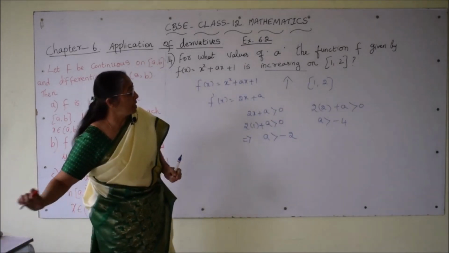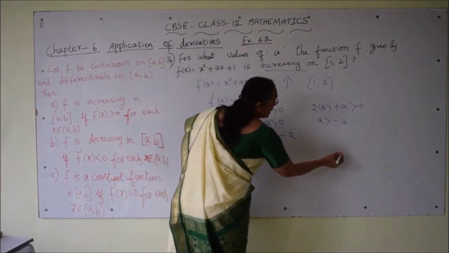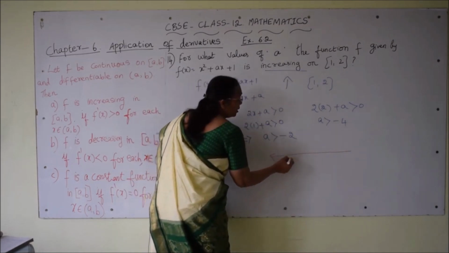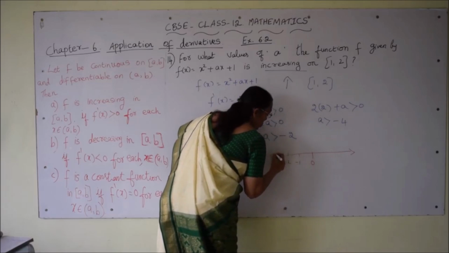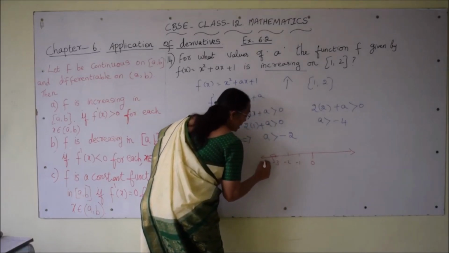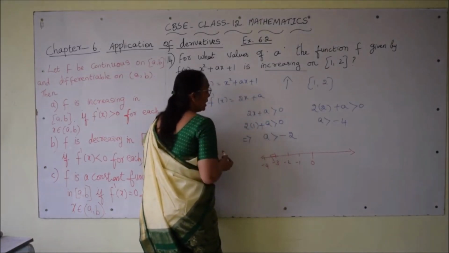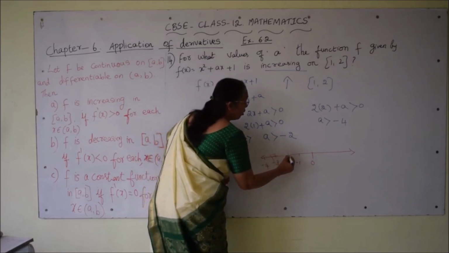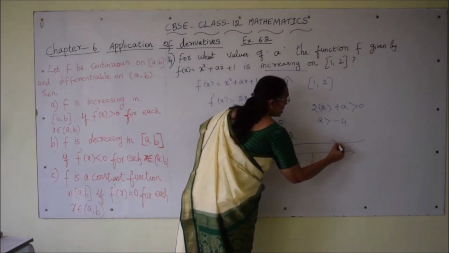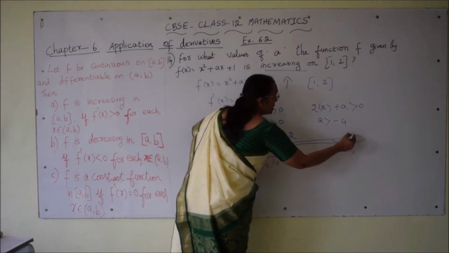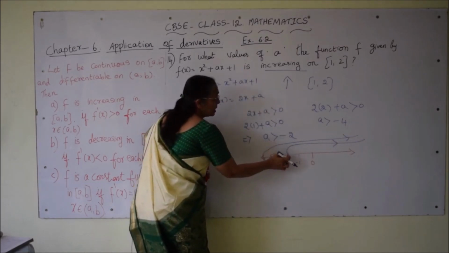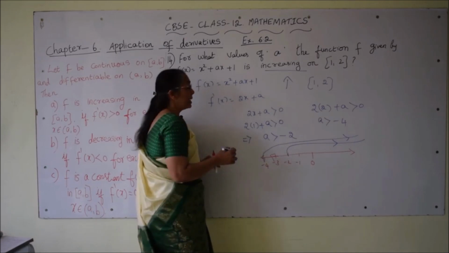Now, two results we got: a must be greater than minus 2 and a must be greater than minus 4. Minus 1, minus 2, minus 3 and minus 4. So, a greater than minus 2 implies all the values greater than minus 2 on this side, and a greater than minus 4 implies these values. So, the intersection part is a greater than minus 2.